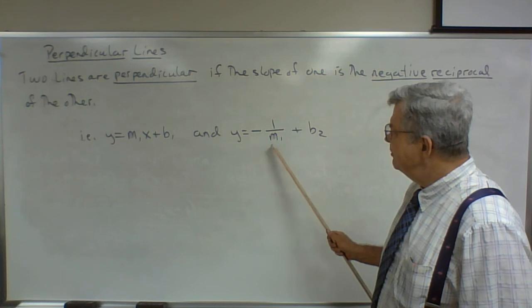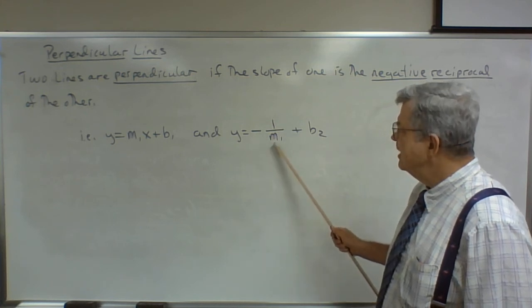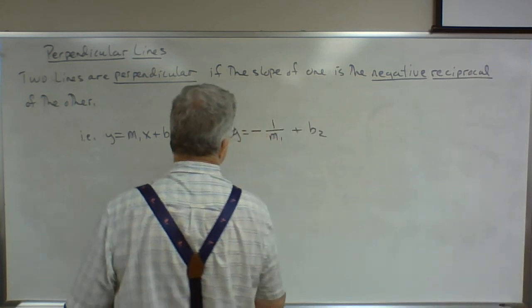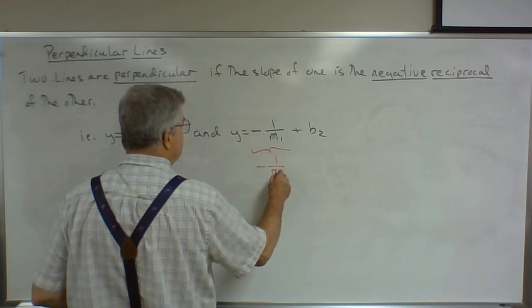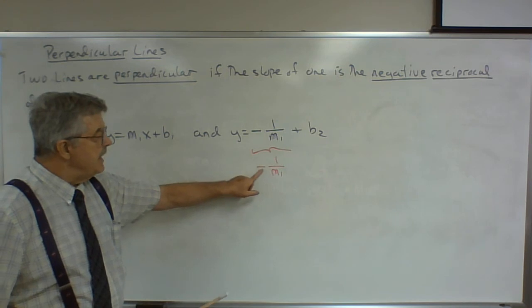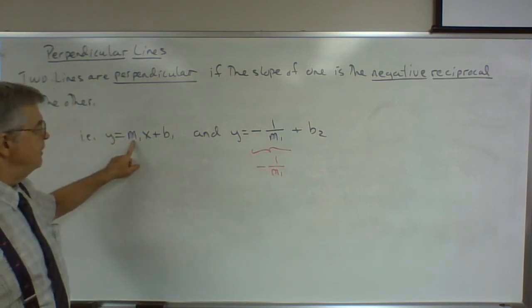Okay, take the slope here, negative 1 over m sub 1. And this is the negative reciprocal of the slope of this line.